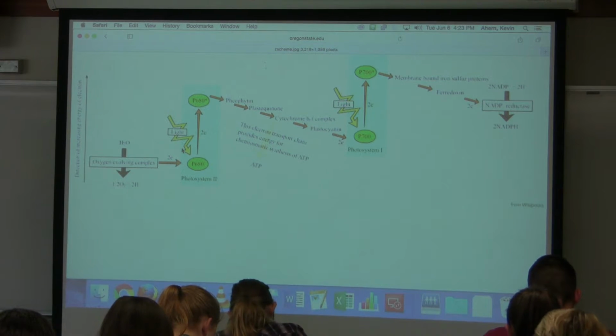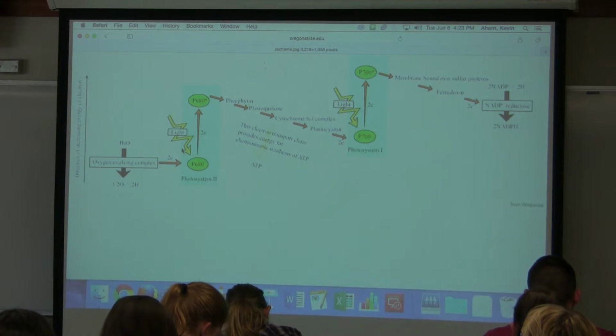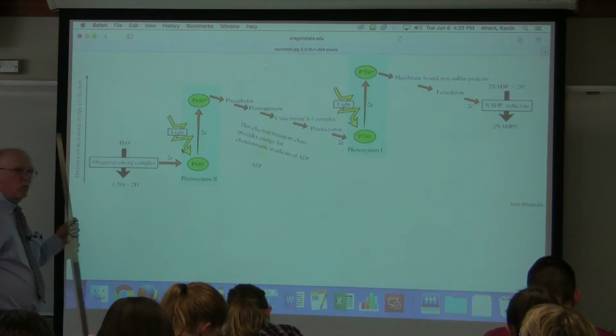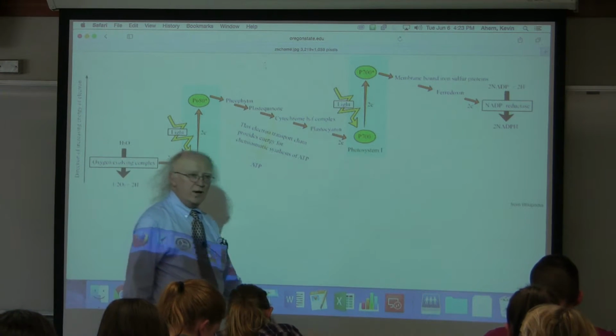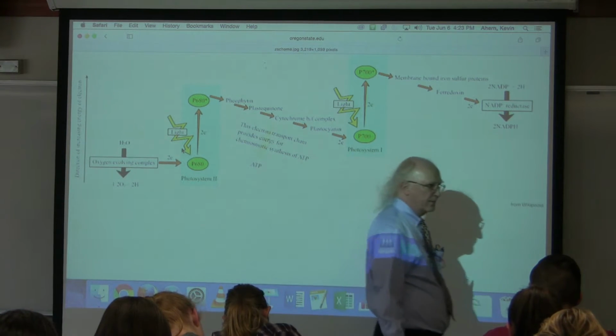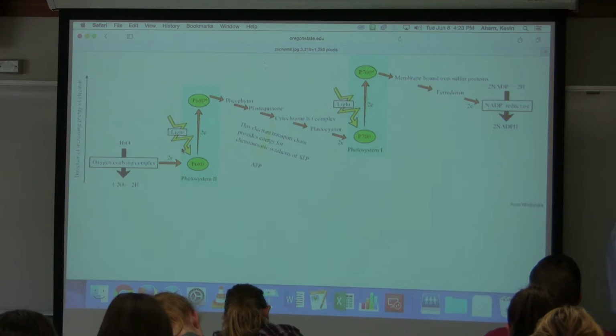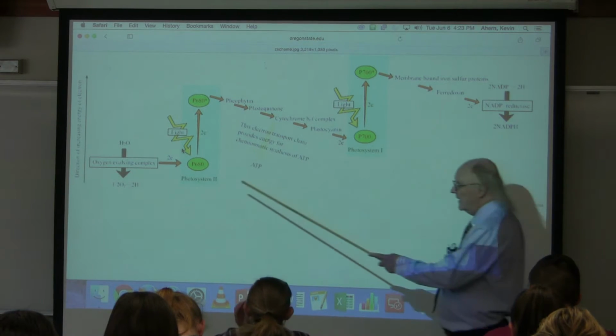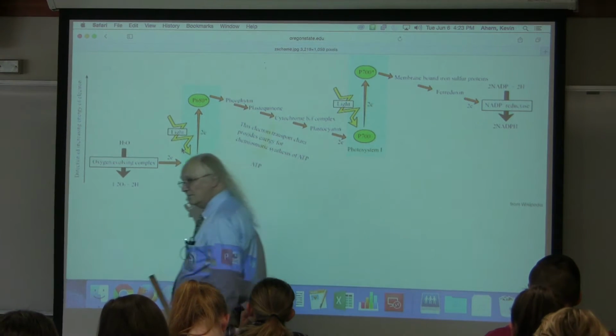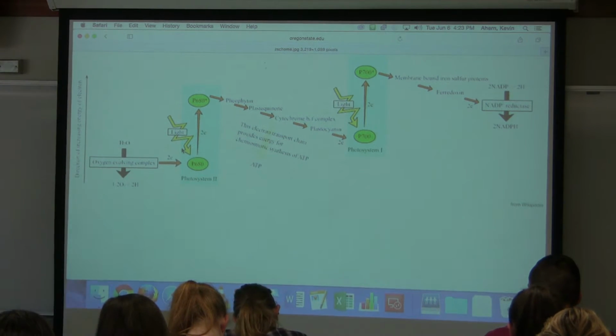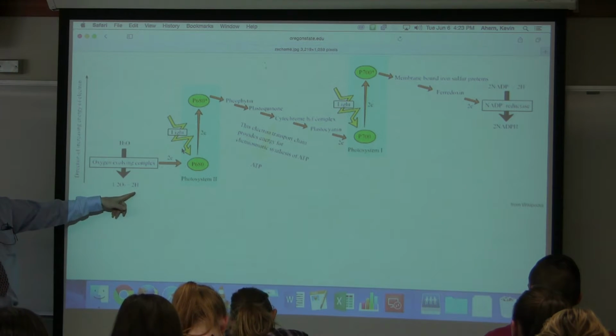And where in the world can the manganese complex get 2 electrons? Water, because water is surrounding everything there. So the manganese complex is actually responsible for taking those electrons from water. And when it takes electrons from water, water loses its protons at the same time.